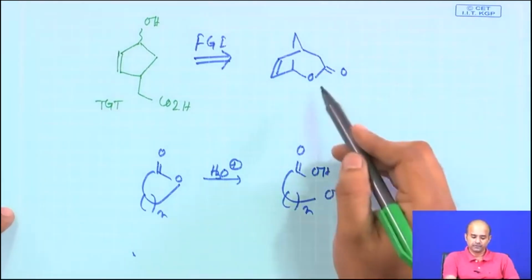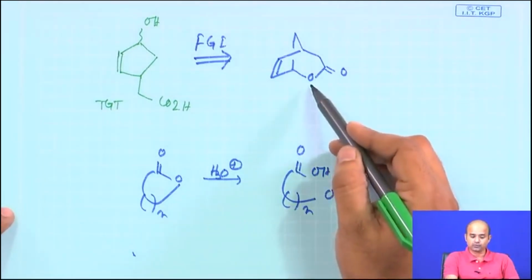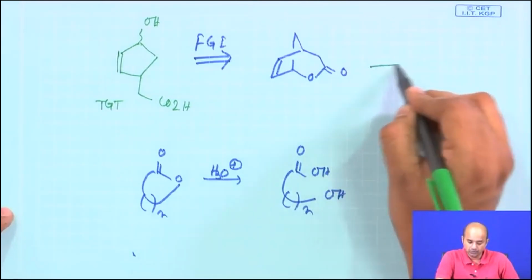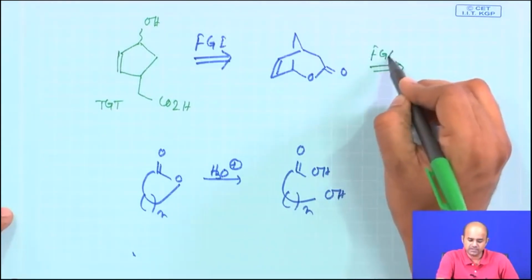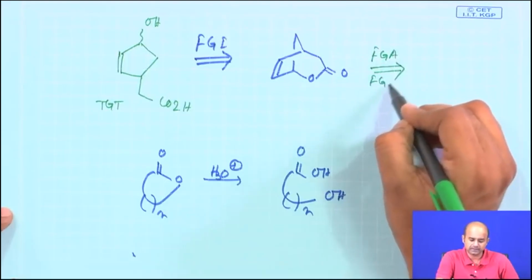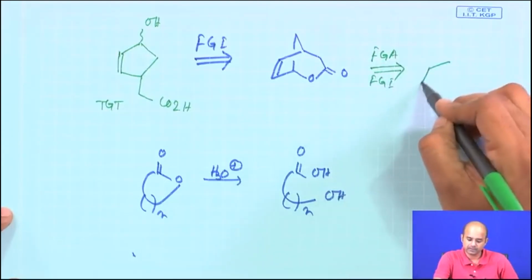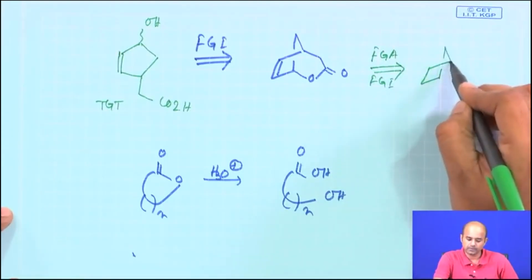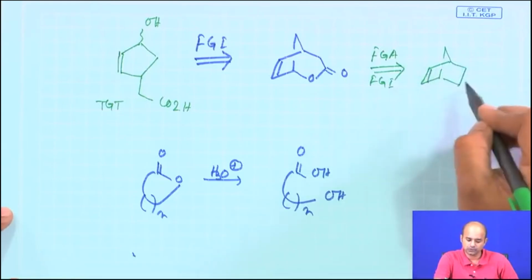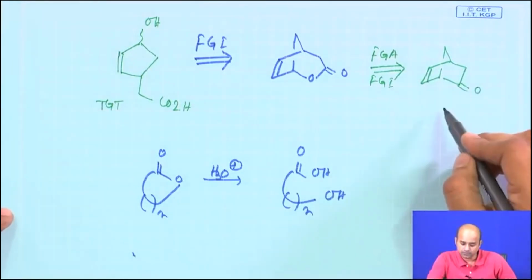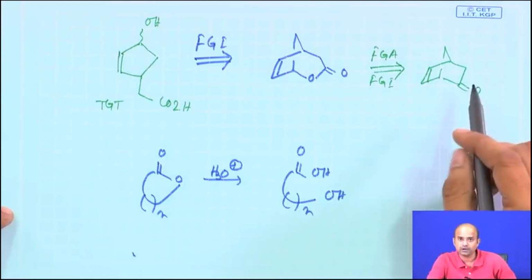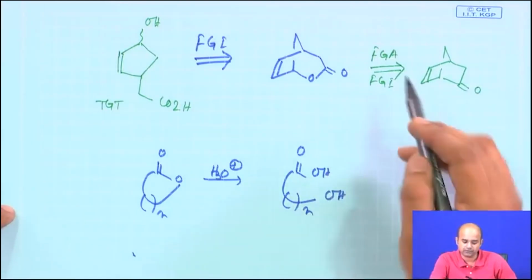Now, what is this? This is an internal lactone, and now we will put in some more reactions, you can call it FGA or FGI. This is also probably a name reaction which I am sure all of us know, the Baeyer-Villiger oxidation.